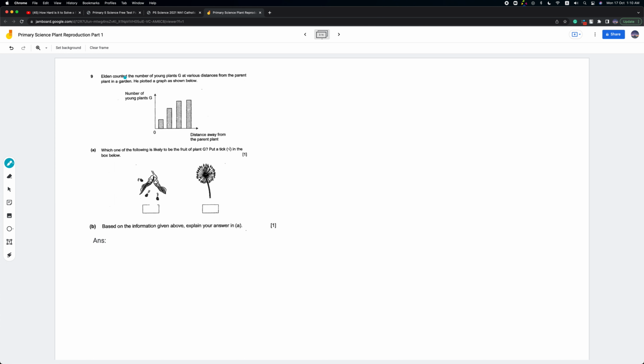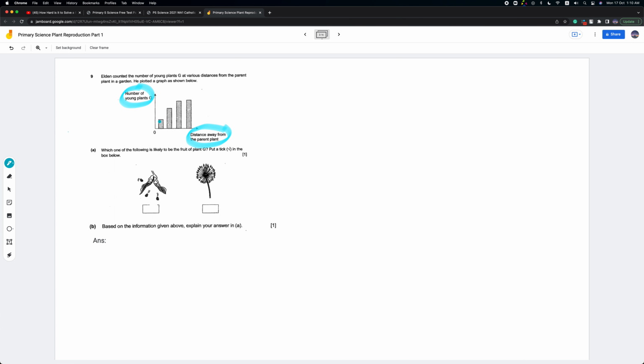Alright, next question. Eldon counted the number of young plants G at various distances from the parent plant in a garden. He plotted the graph as shown below. So again, we have words from the question, especially if they have tables and graphs. There's a high chance that you have to make use of these words or phrases.